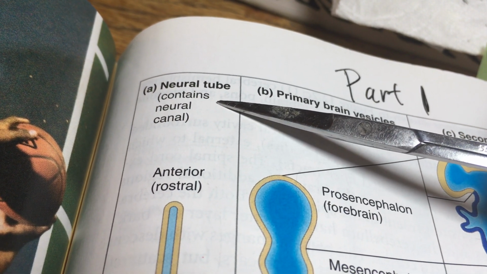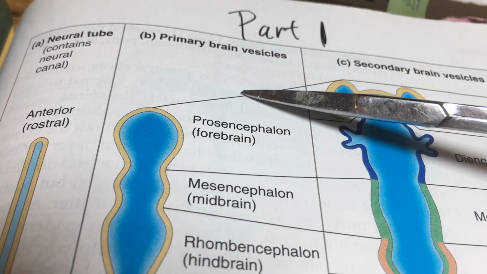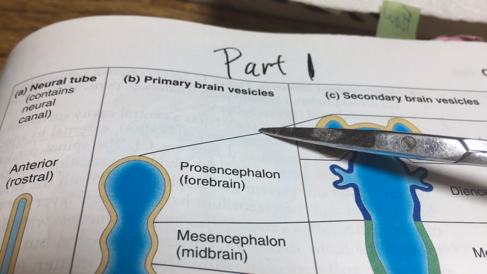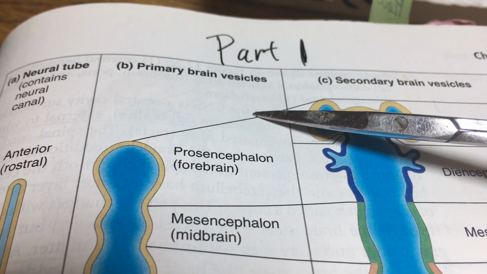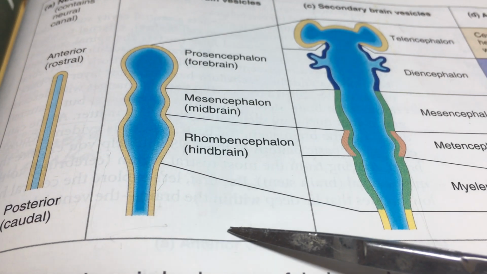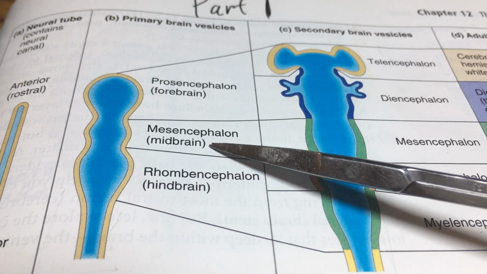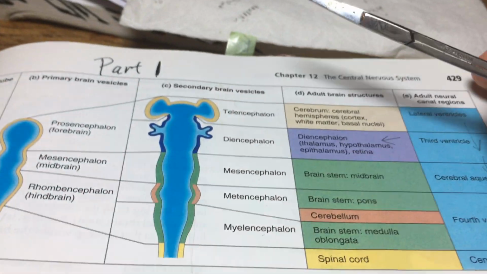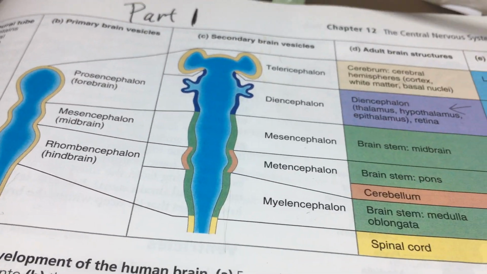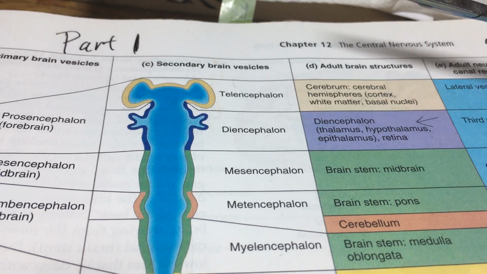This is the neural tube, and they don't really tell us time sequencing all that much here, but at any rate, we have the primary brain vesicles that develop over time, and so we have a forebrain, a midbrain, and a hindbrain. Things become a little bit more elaborate when we have actually now 5 parts of the brain.